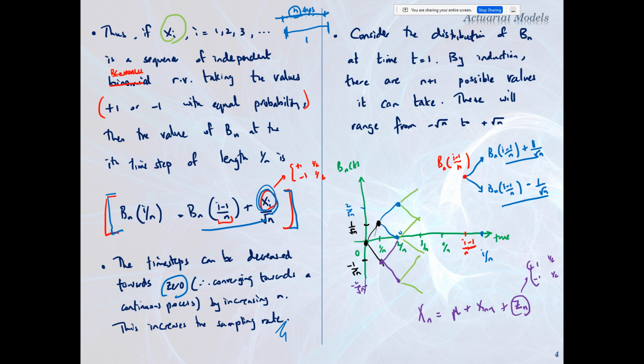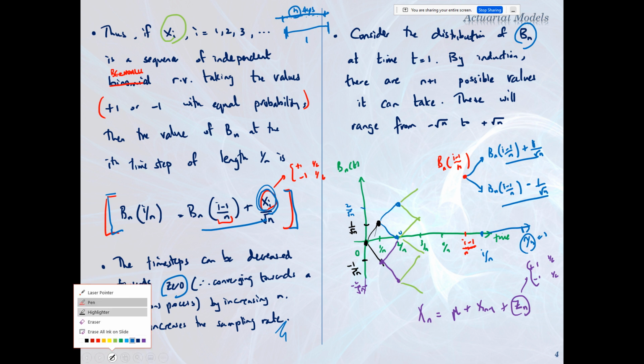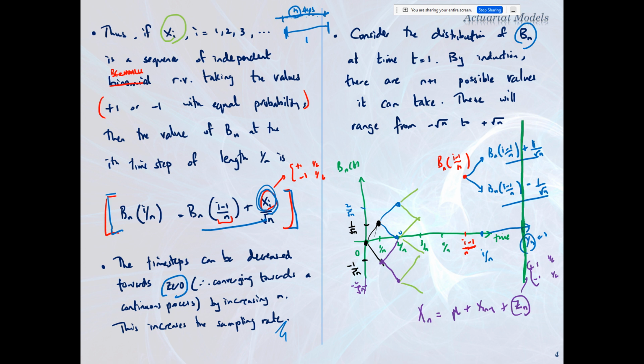So consider the distribution of Bn now at time 1. So let's say we reach here, n over n. So it is time 1. Let me take the highlighter. So at this time 1, I will be having many points here, because when I continue my process, it will give many different final values for my process. For example, what will be the highest value here?